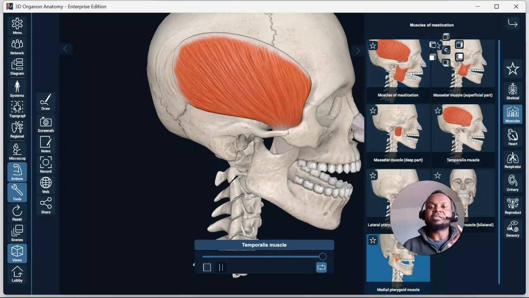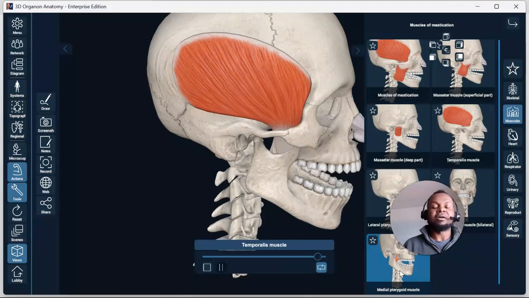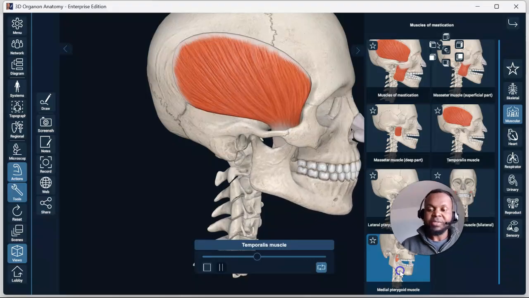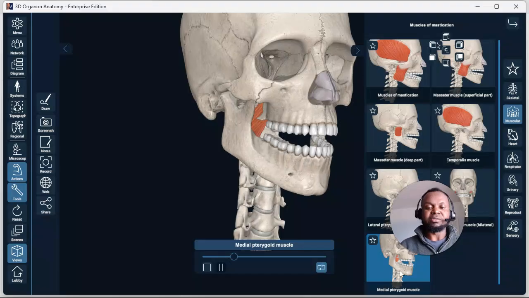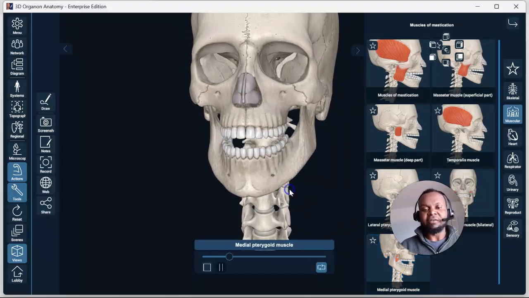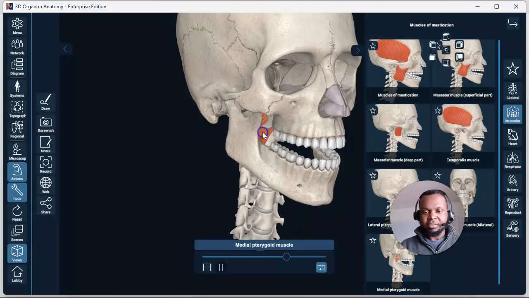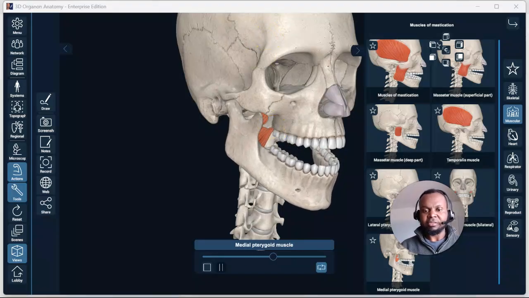Now, let me explain to you a muscle that you may not have heard of, and it plays a huge role, and that's the medial pterygoid muscle. The medial pterygoid muscle controls this functionality. So, if you look real close here, let me see if I can outline it. I don't think I can zoom any more than that for now.